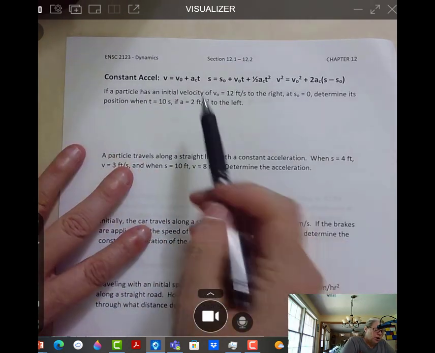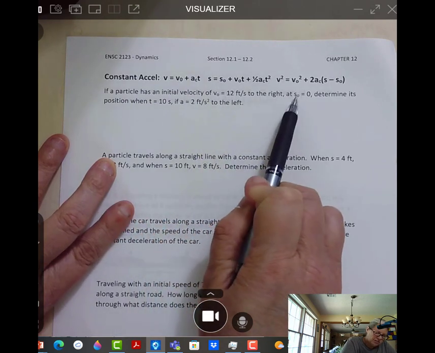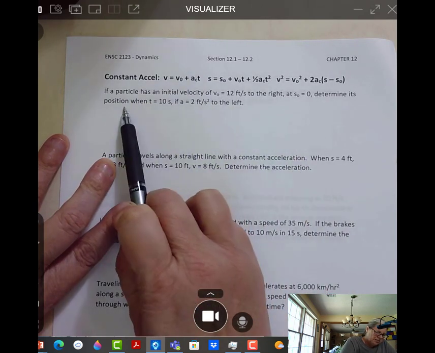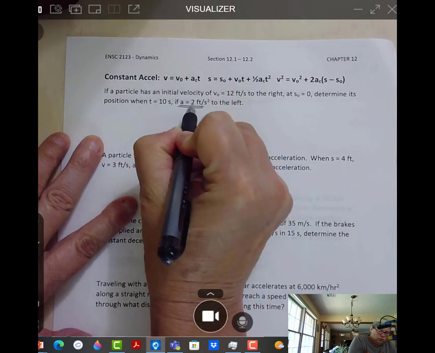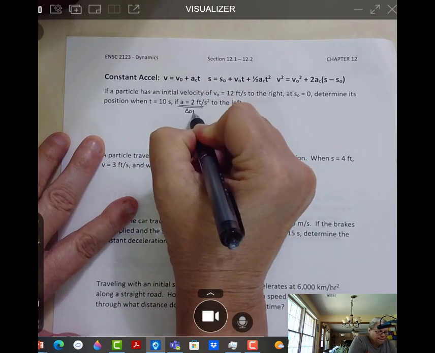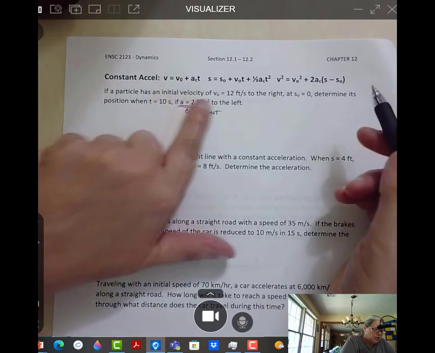So if a particle has an initial velocity of 12 to the right at position s equals 0, determine its position when t equals 10, if a equals 2. That's a constant, so I know that I can use constant acceleration equations.